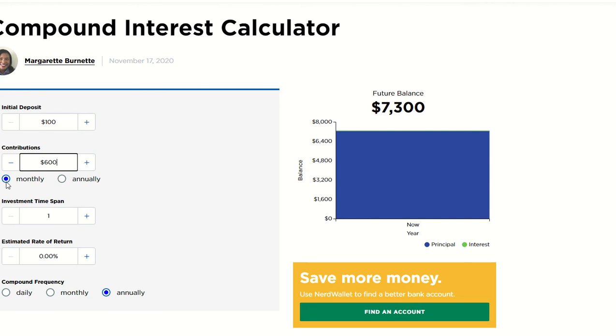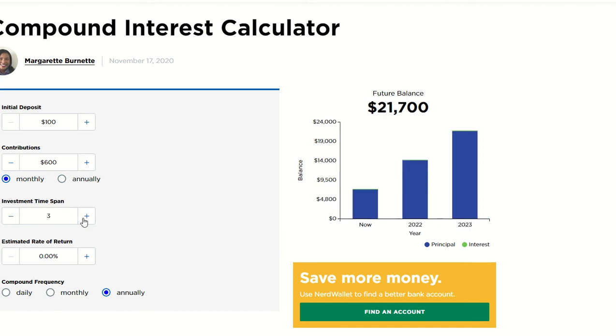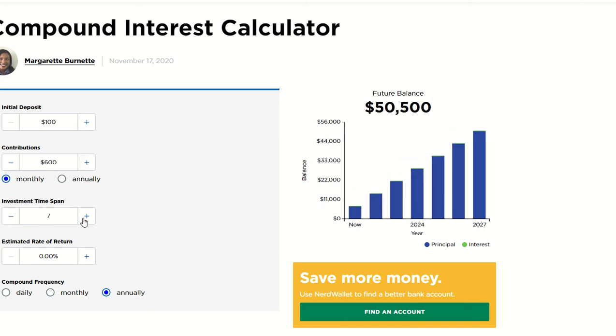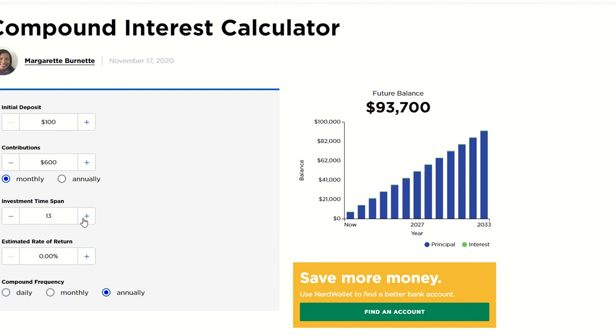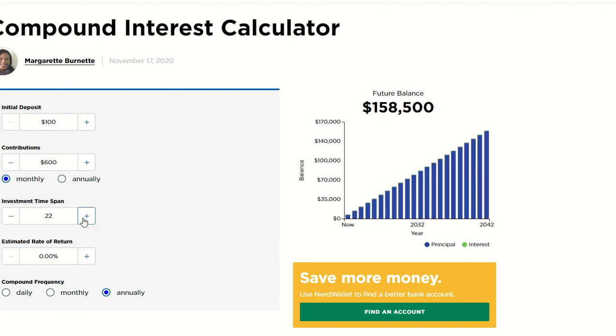Select monthly. What that means is in your bank account you're starting with 100, and then every month you're adding to it $600. And then we're going to go to this time section. Time, let's do 30 years. Bump it all the way up to 30.